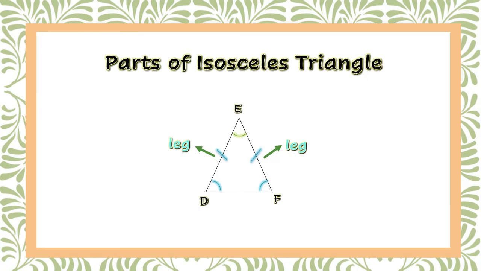Now, let's identify the parts of an isosceles triangle. Again, an isosceles triangle is a triangle with two equal sides, and those sides are called the legs. So, in this figure, the legs are side ED and side EF.